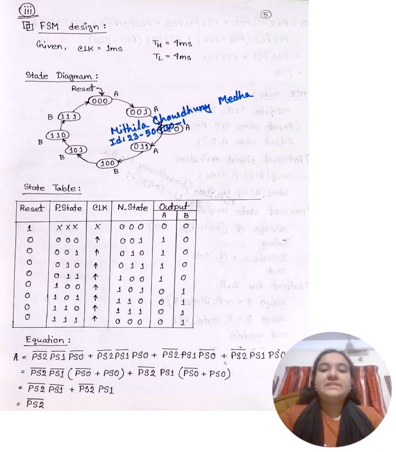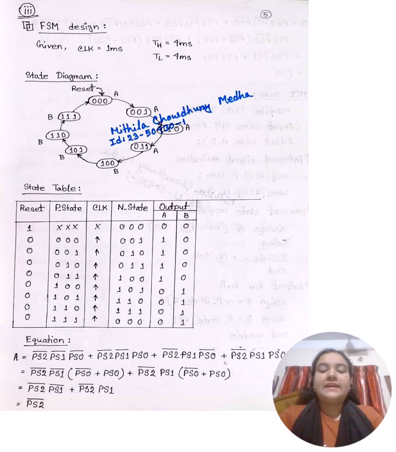In this phase, I designed a finite state machine with a clock period of 1 millisecond. According to the instruction, if TH or TL are more than 4 milliseconds, they are kept at 4 milliseconds. So my FSM includes 4 states for signal A on for 4 milliseconds and 4 states for signal B off for 4 milliseconds.